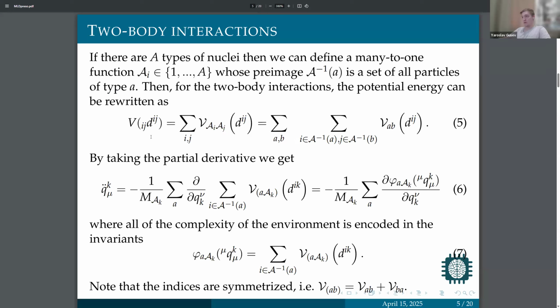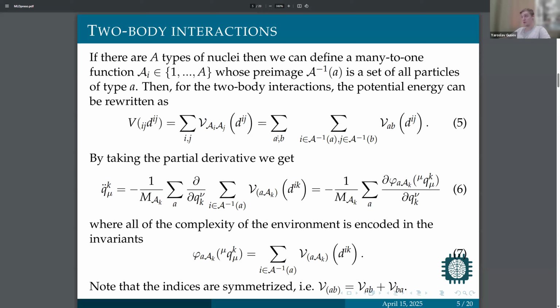And then for the two-body interactions, again, we can represent the potential energy as a sum of two-particle interactions for all pairs.